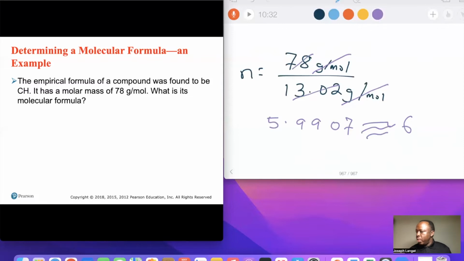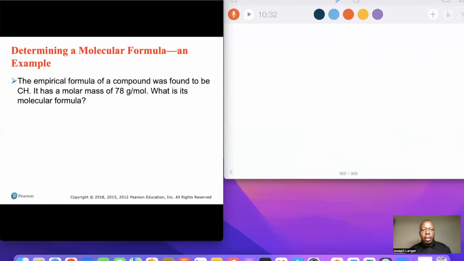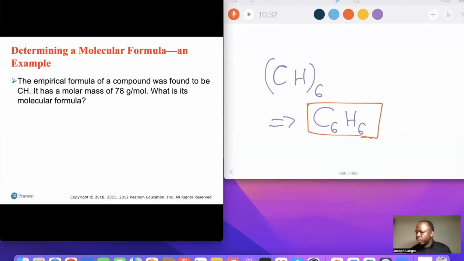So now that I have the N value, you cannot leave it in this state and say I have the molecular formula. You need to multiply by N, and this is the correct molecular formula for this compound.